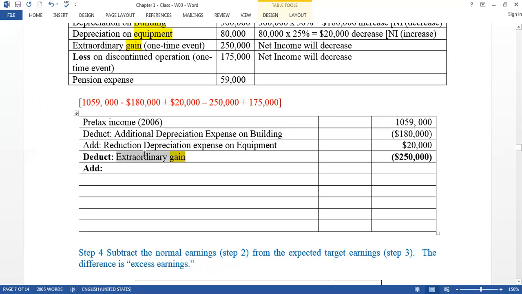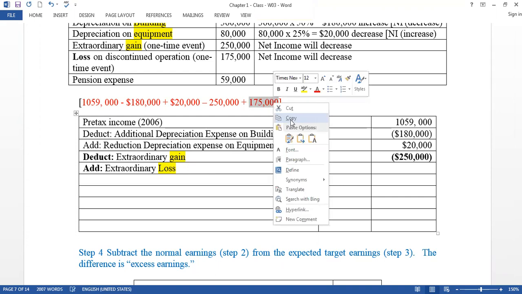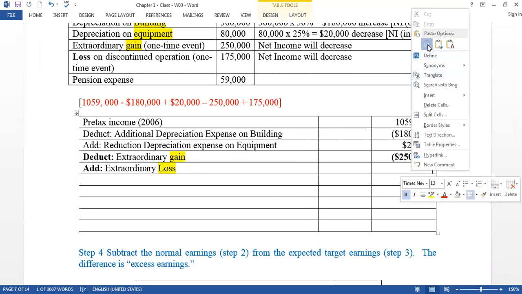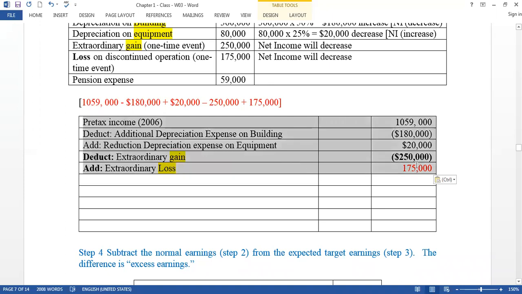This is the extraordinary loss, so $175,000 is going to be added. So this is the case.